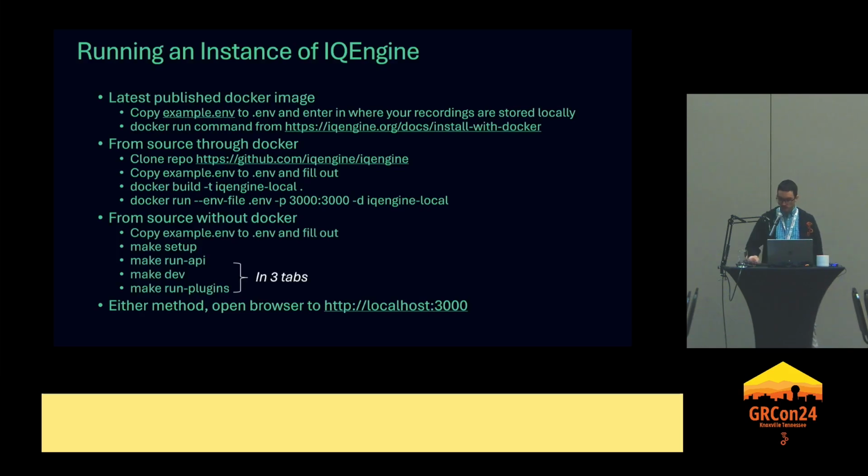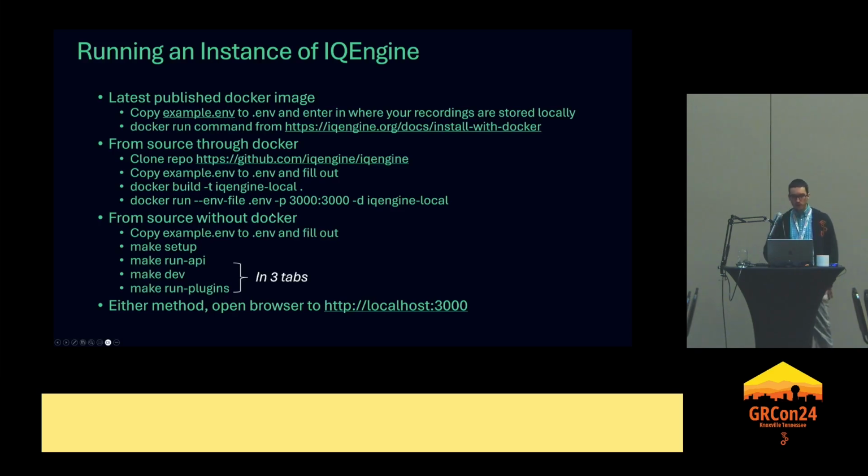Now, as far as running an instance locally, you can either use the latest published Docker image, in which case, if you have Docker running, it's like one command after filling out the environment file. If you want to run from source, but through Docker still, there's a way to build and run, as you can imagine.